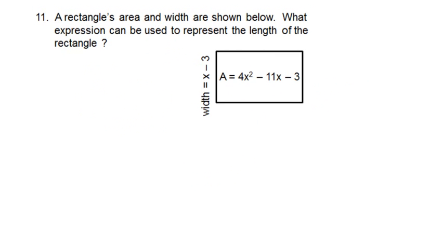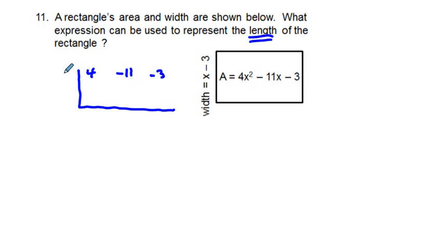Now number 11, a similar type of problem. We're going to find the length, which is our area divided by our width. We set this up with 4 representing 4x squared, minus 11 representing minus 11x, and finally minus 3.